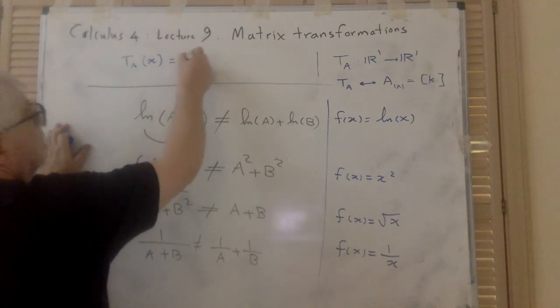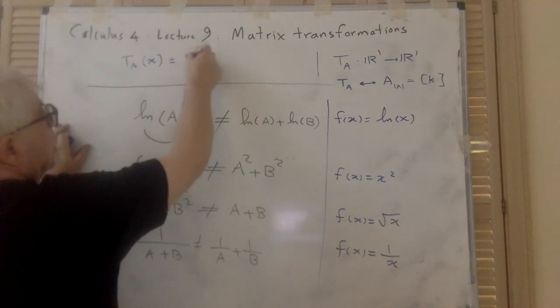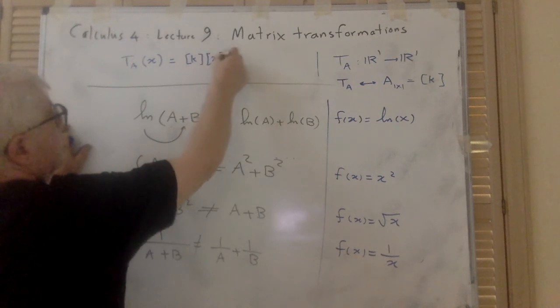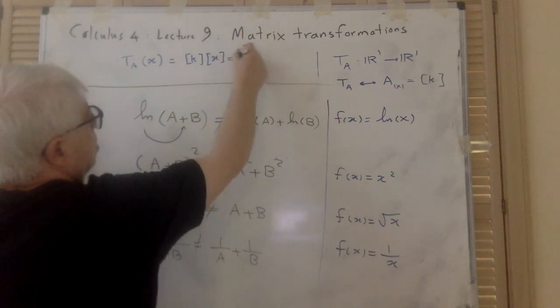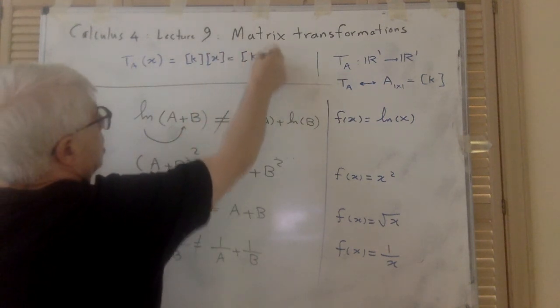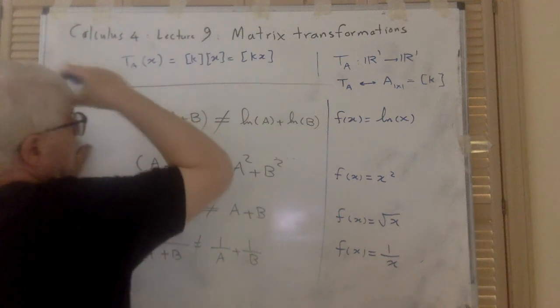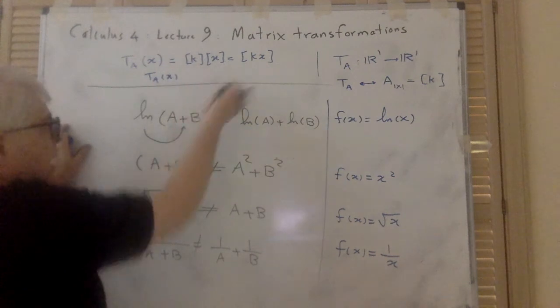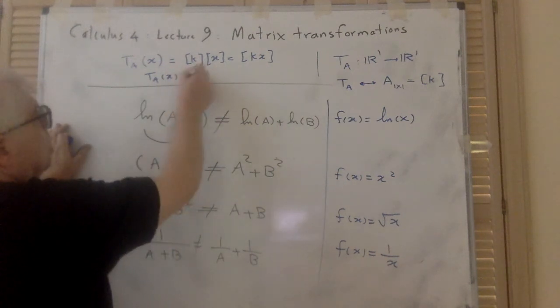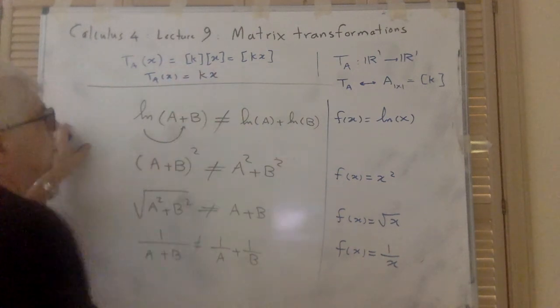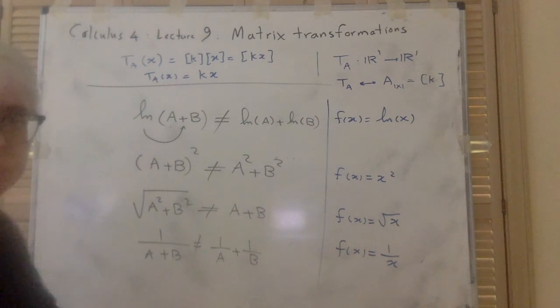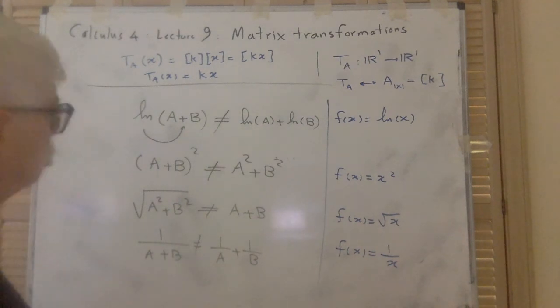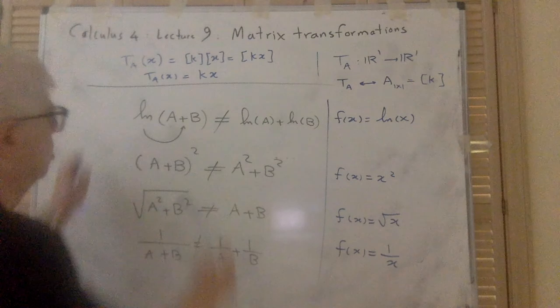That is matrix K times matrix x, that is Kx, right? So in a sense, TA x, we don't need the matrix notation for R1. In fact, it's Kx, like 2x, 5x or something, right?